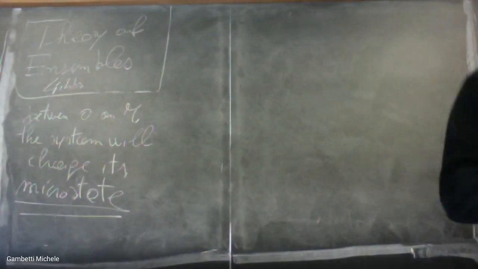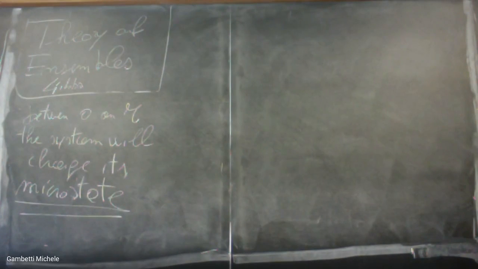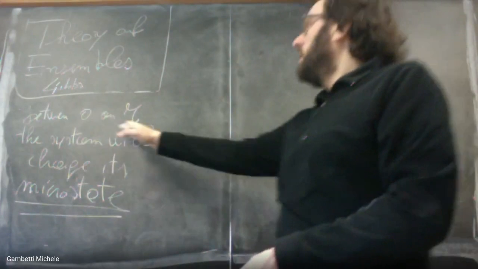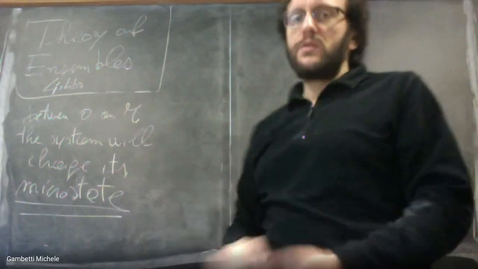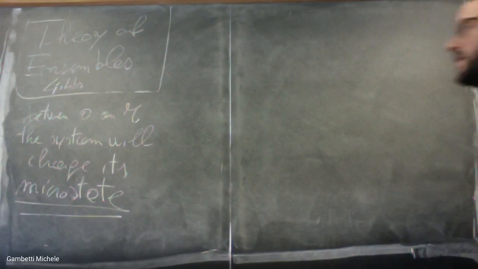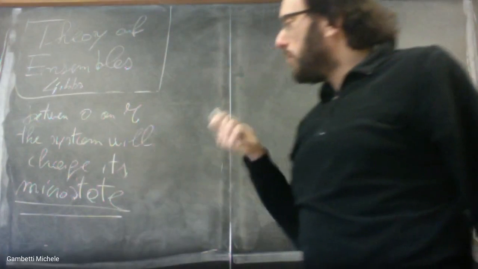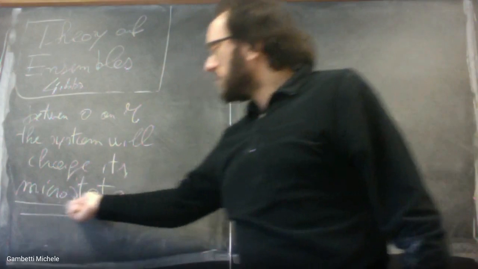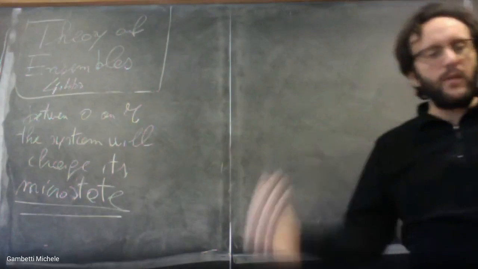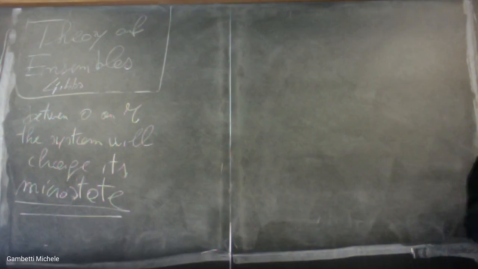In other terms, it will pick up one of all the possible microstates which are compatible with my macroscopic constraints. I can have a configuration in which particle 1 is at a certain position initially, and then as time runs, the positions of all these particles will change, and also the momenta will change. So basically, the system, from the microscopic point of view, will explore many possible microstates belonging to this family of microstates, which is highly degenerate.